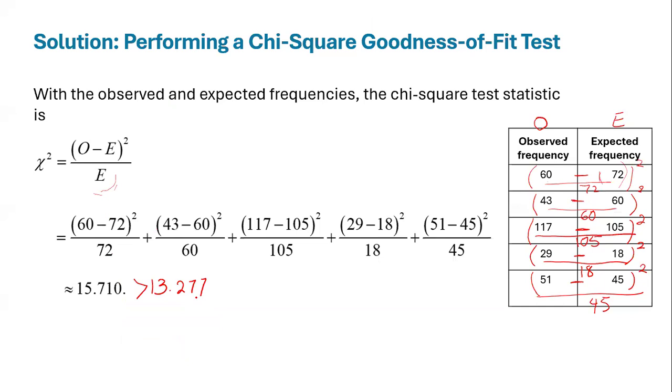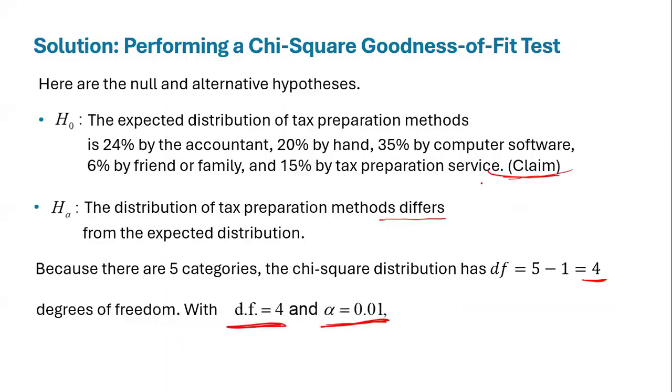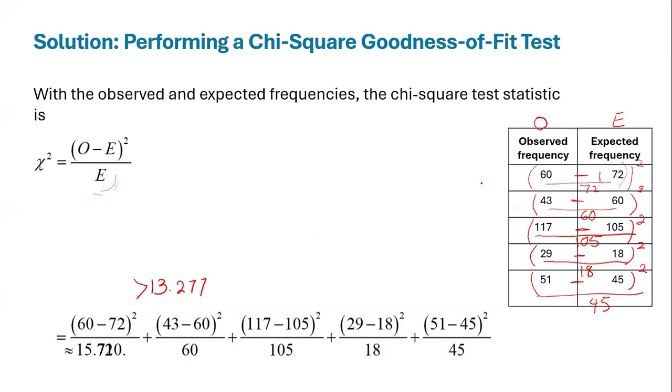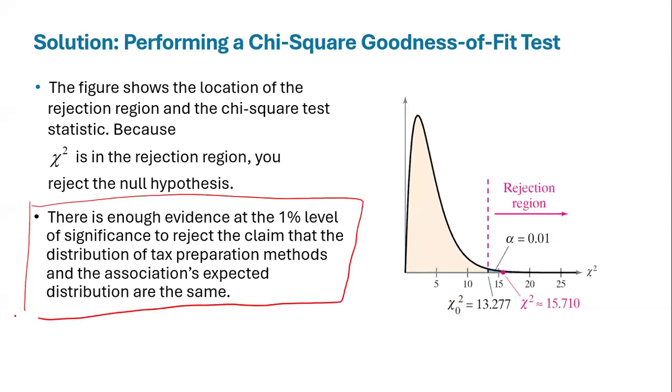And you know that the null is the claim, which means you need to reject the claim. So we say there is enough evidence at the 1% level of significance to reject the claim that the distribution of tax preparation methods and the association's expected distribution are the same. It means they might not be the same.